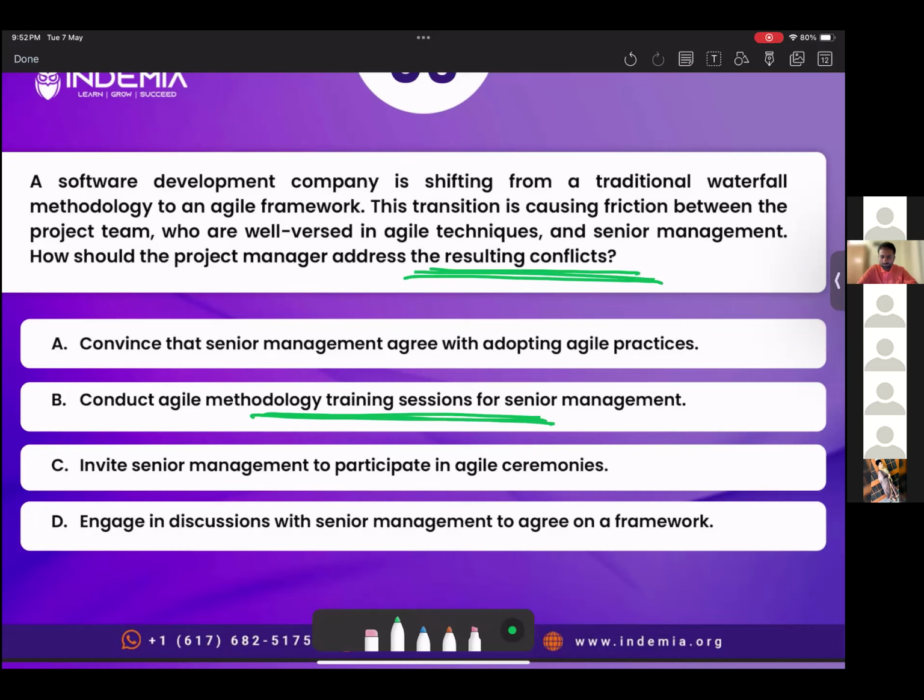So it is better to engage in discussions to agree on a framework rather than conducting training sessions, because in prior discussions they might already have been made aware of what agile methodology is all about, and there is not much of a training session really required.